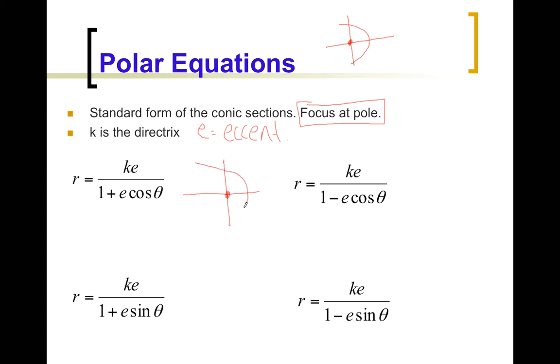This is the direction that this particular conic section moves. It could be a parabola, it could be a hyperbola, where the other side is out here. It could be an ellipse where it goes in this direction, short and fat. And out here is x equals k, the directrix. You might guess that since the plus cosine is this way, the minus cosine is the other direction. And you'd be right.